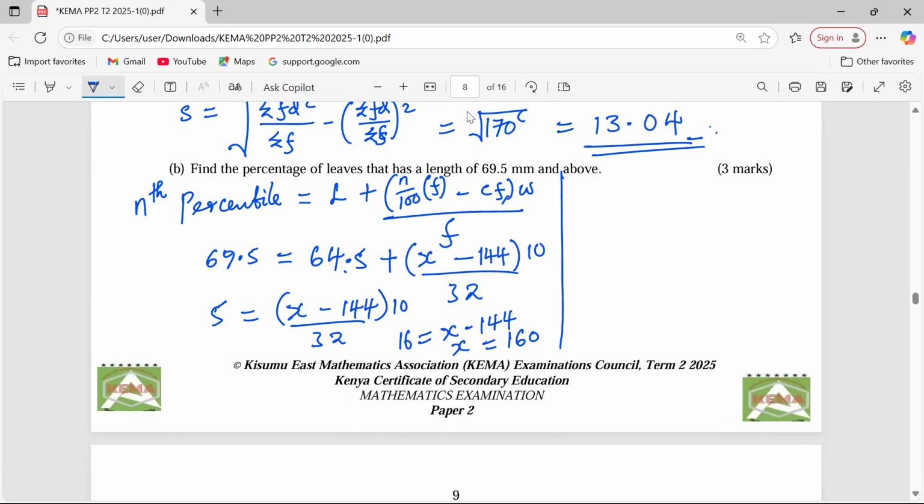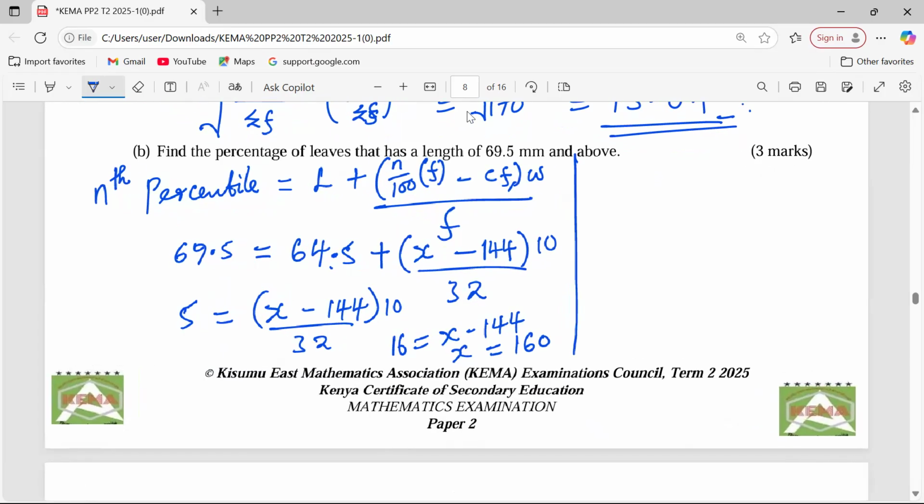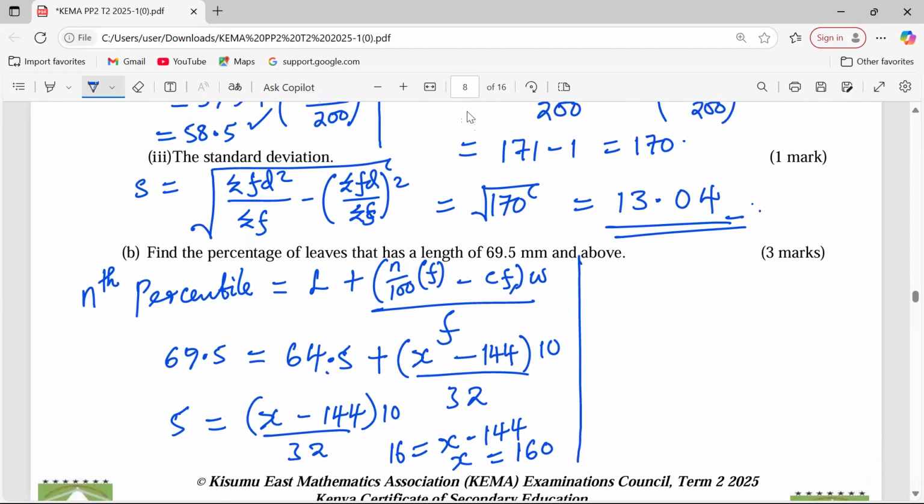So a certain percentile is equivalent to 160. So from 0 to 160, we have a length of 69.5. But now we need the percentage of leaves which are having the length of 69.5 and above.